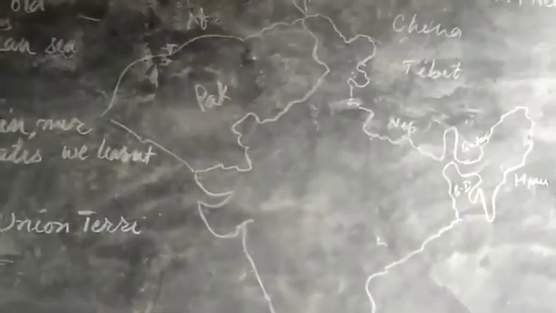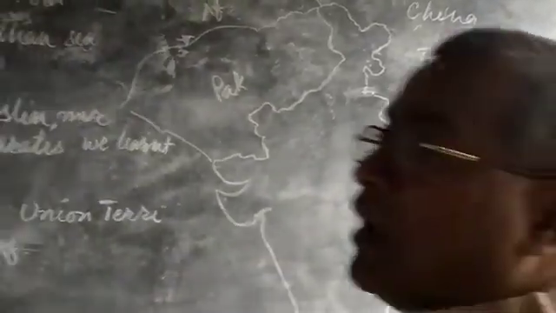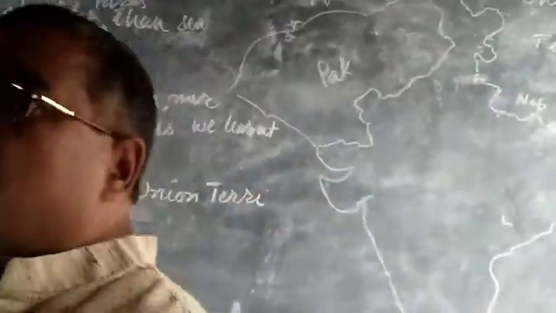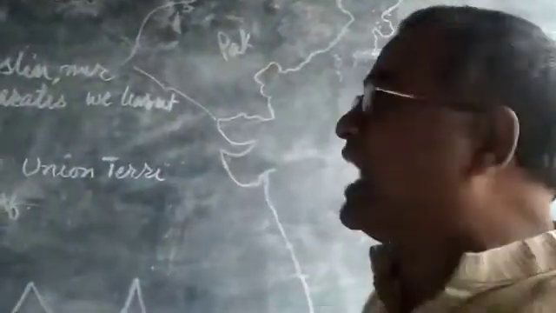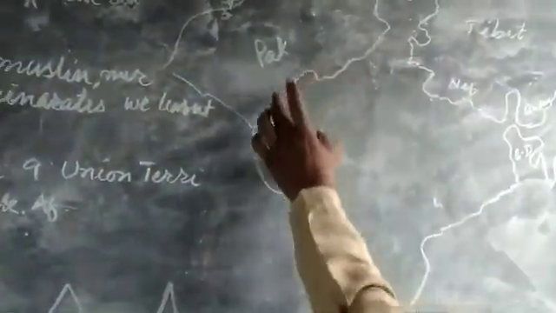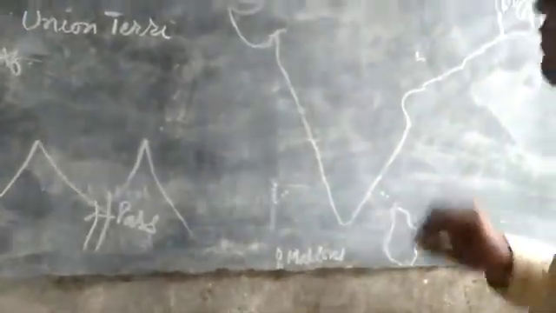Now we should consider the neighboring countries, India's neighbors. Already you understood that neighbors are those which have close contact with our land boundary and are very close to our country.